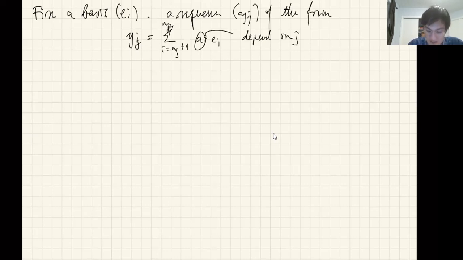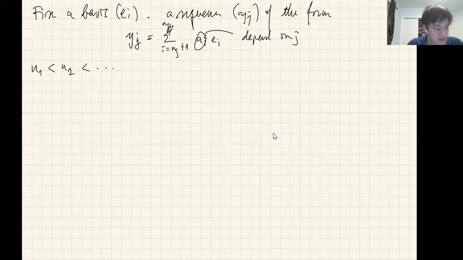This y_j is a vector in X, expressed with respect to the e_i, but there are these n_j's here, which tell you which coordinates you can actually use, and we have n_1 less than n_2 less than, and so on.